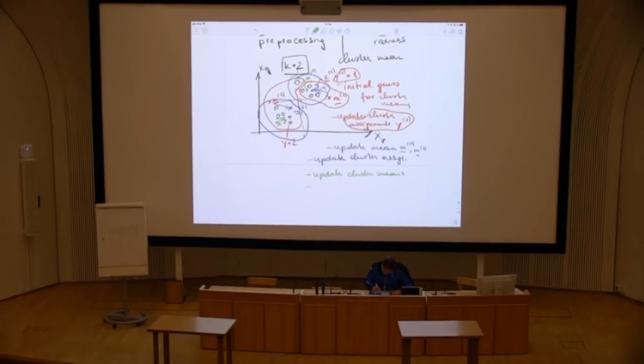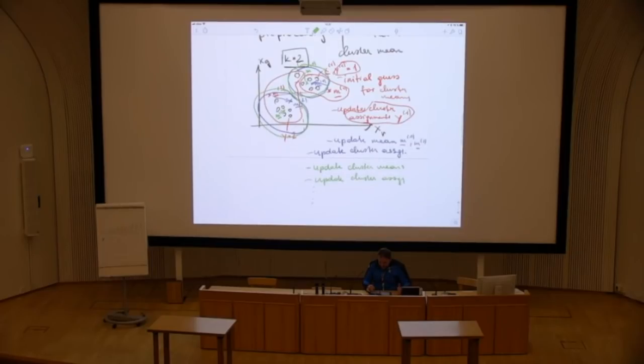Update cluster assignments. So we get this. Oh, what happened now with the cluster assignments? They didn't change. So what do we expect? How much will the cluster means change? Nothing. They stay. So we can continue these iterations if we are bored, but there will not be any change anymore in the cluster means and cluster assignments. We converge to a clustering.